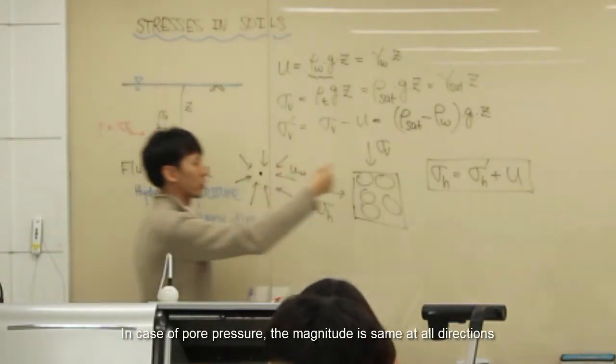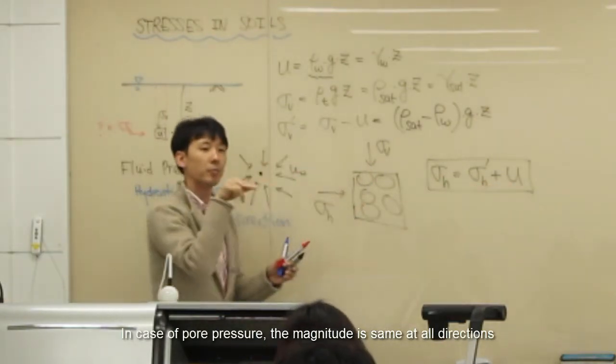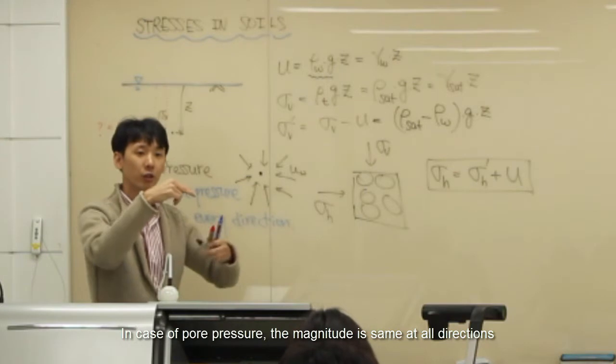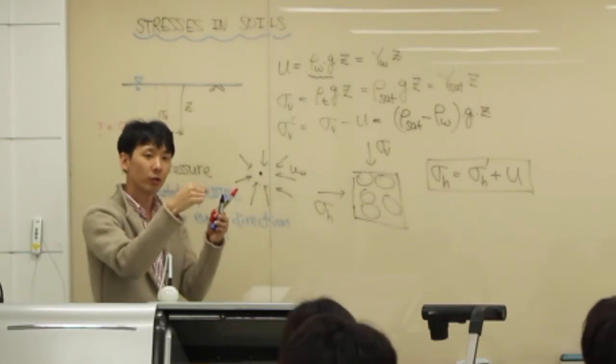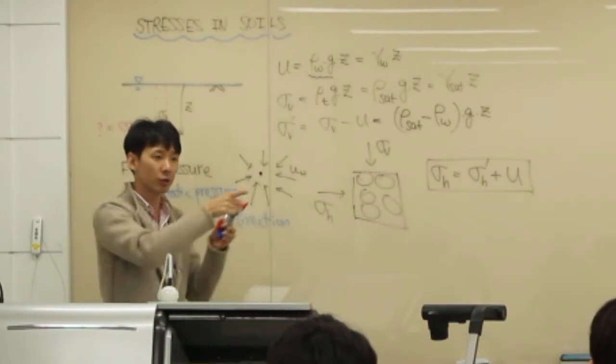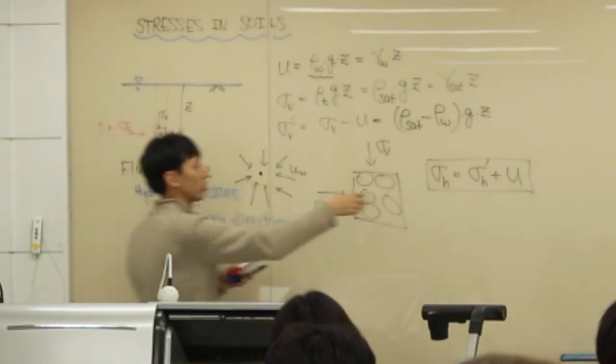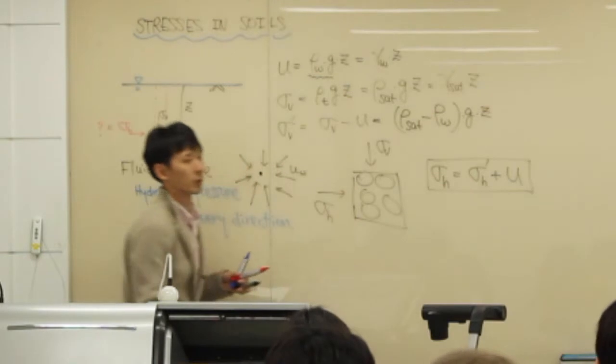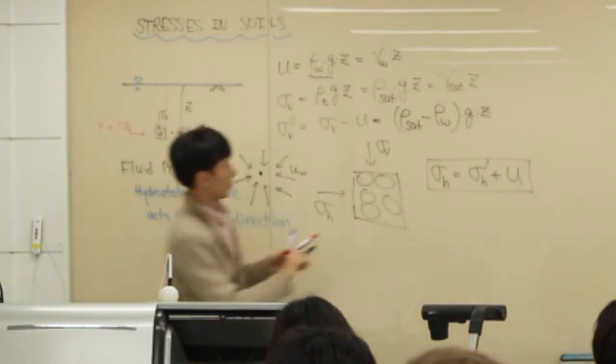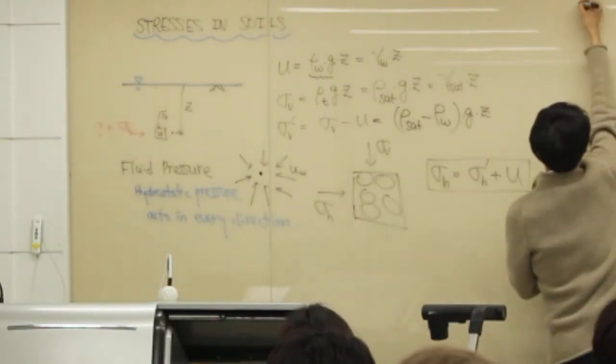In case of pore pressure, because it acts at the same magnitude in every direction, the horizontal pressure, vertical pressure, or diagonal will all have the same magnitude. The total stress and the effective stress are different. About horizontal stress.